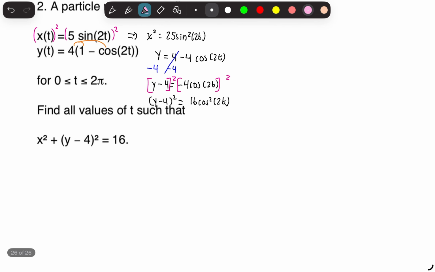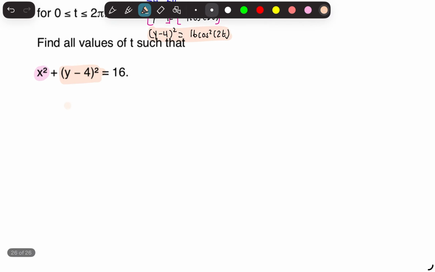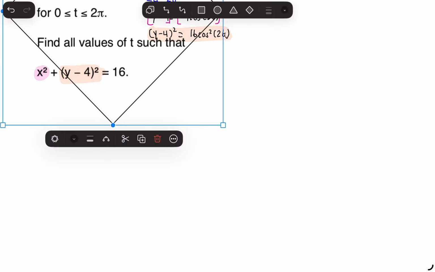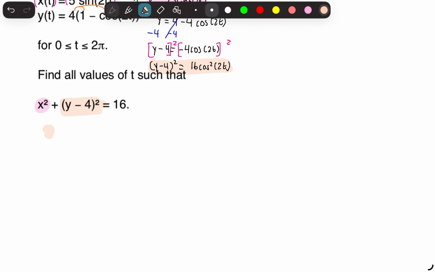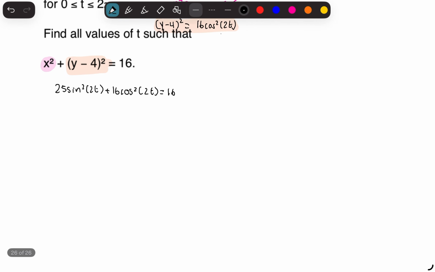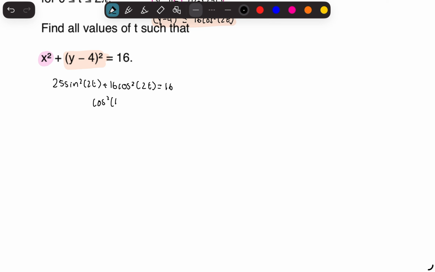So you would take your x squared, and you would take your y minus 4 squared, substitute those in, and your answer is going to be 25 sine squared 2t plus 16 cosine squared 2t is equal to 16. Cosine squared 2t is equal to 1 minus sine squared 2t.